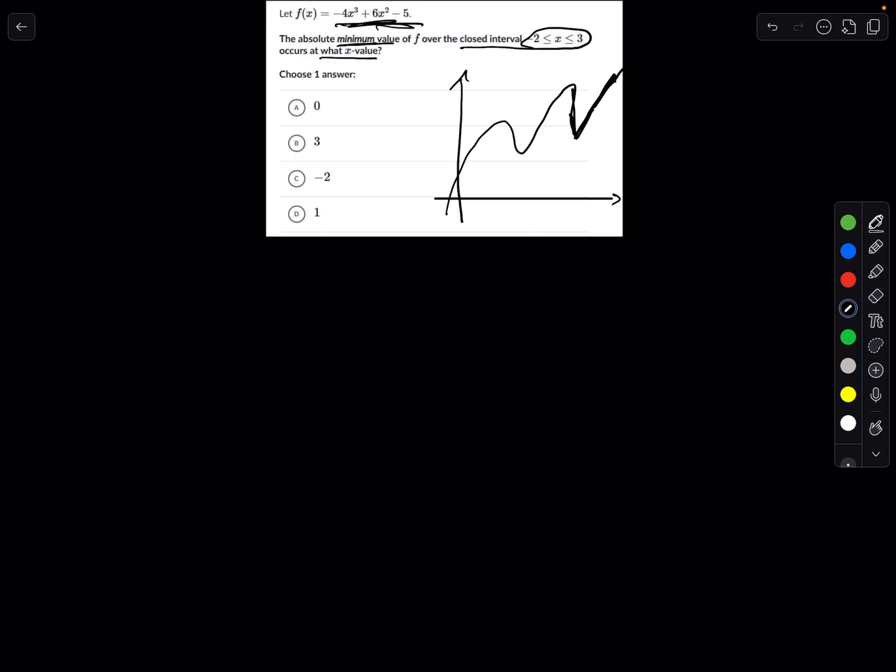The minimum value is going to be this, that one, and that one. The global minimum value is going to be right over here, but these two are going to be, as people call them, relative minimums that are the smallest in their own neighborhoods.